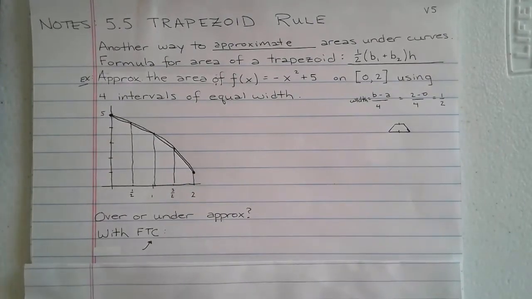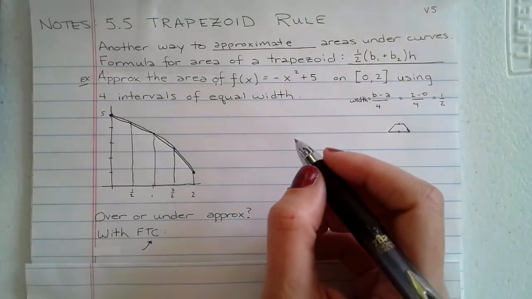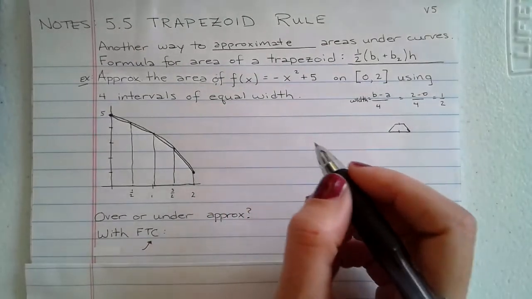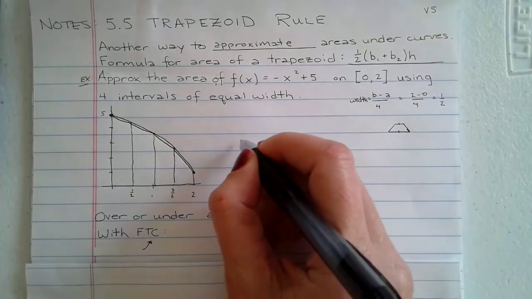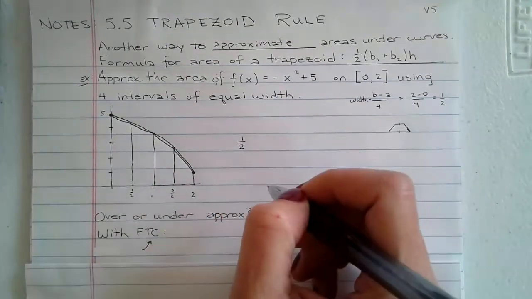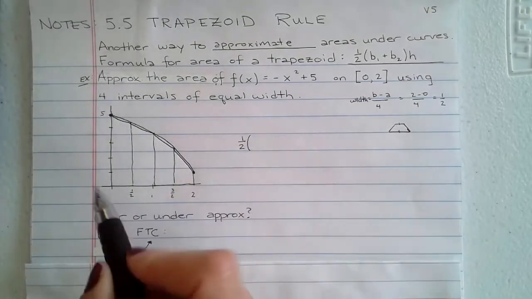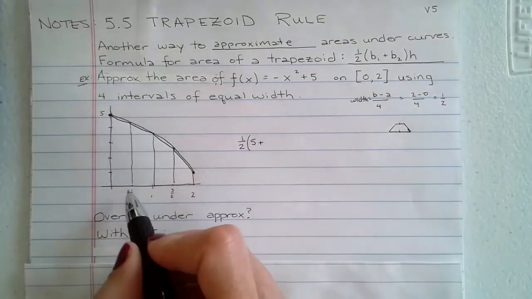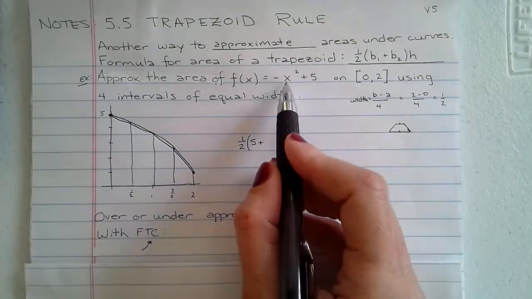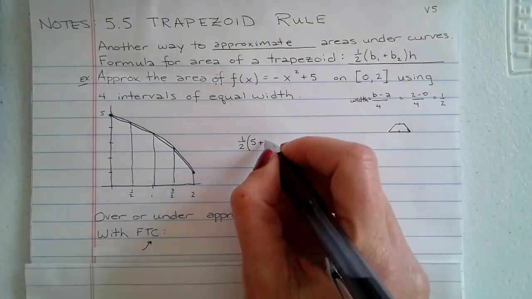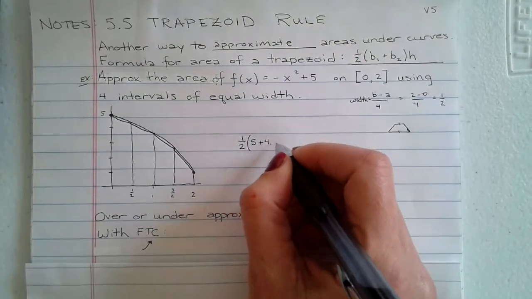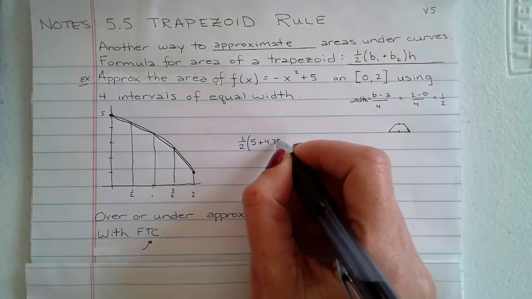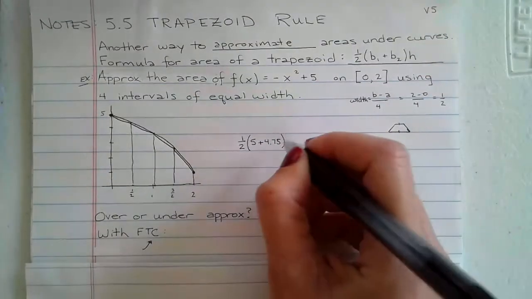You can pause me and do that, and then you can come back and make sure you got it just fine. So I'm going to take 1/2, that's part of the formula, times the sum of the bases of the first one. That would be 5 plus, and then if I plug in 1/2, I get 1/4. 5 minus 1/4 is 4.75. So 1/2 times the sum of the bases times the height, which is 1/2.